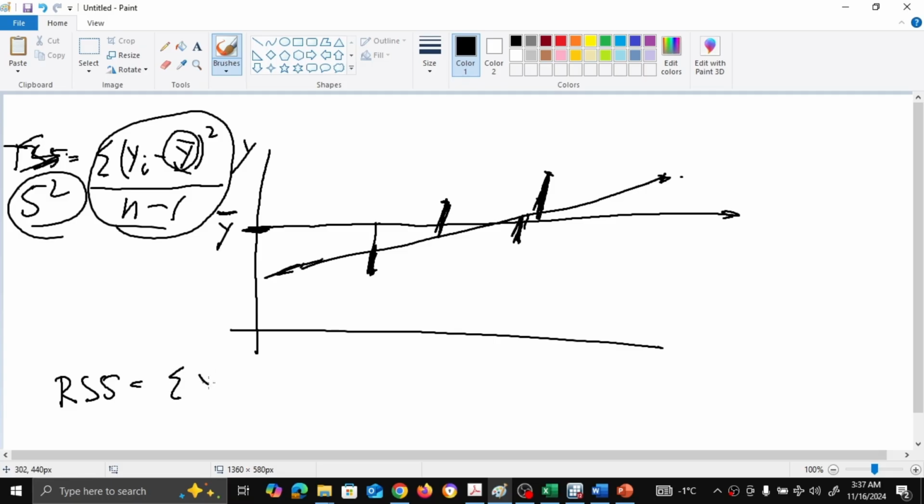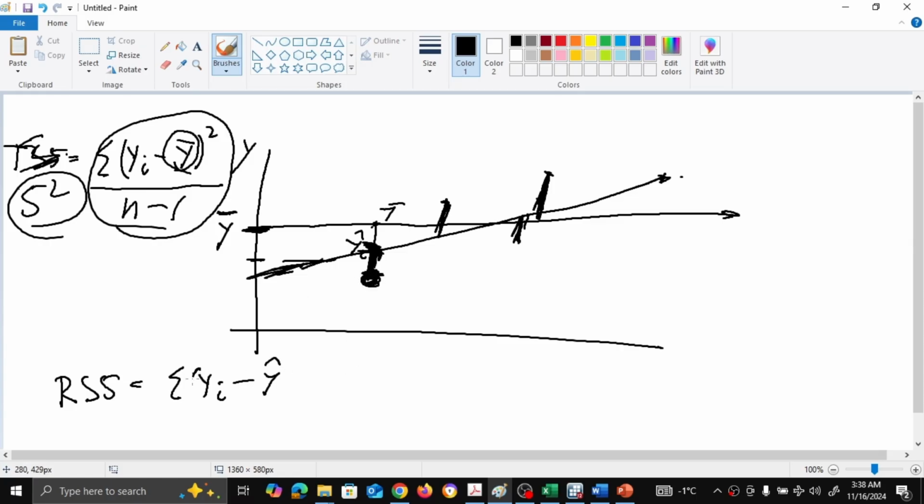It means the same thing, but what are they? The sum of yi minus y hat. What is the y hat? Is the stuff on the line now. It's not the stuff on the average. So the y value here, for this point, this is the y hat i here. And this is your y bar for this point, for this point here, right? Okay.